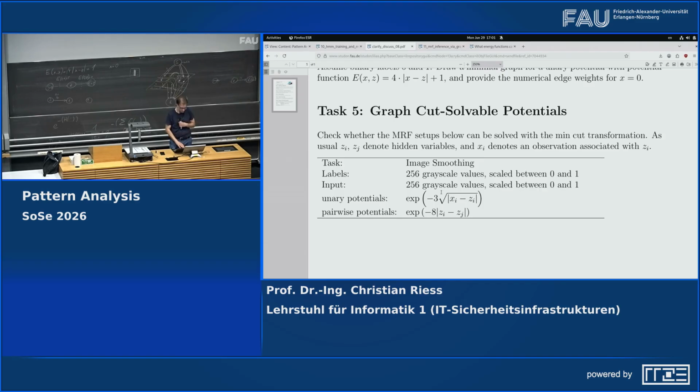Yeah? And the only thing one has to keep in mind is, if you have more than two labels, then you have to do something approximate, like this alpha expansion algorithm that at one time fixes one gray value and checks: can I put more pixels to this gray value? If it gives a lower energy, I keep it, and I pick another gray value and iterate over this. That's all. No? Okay.